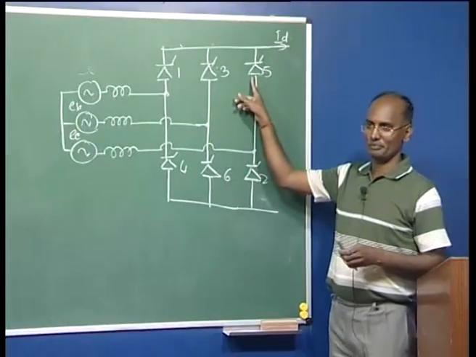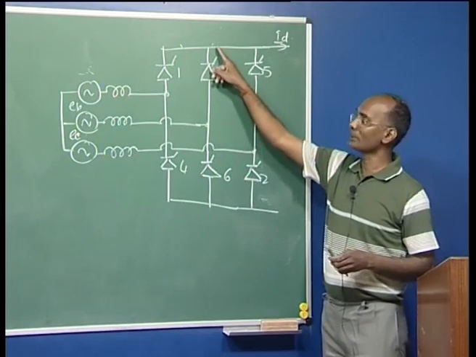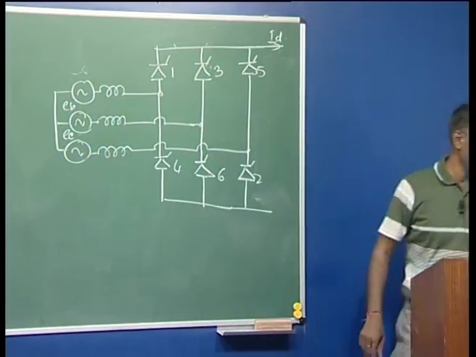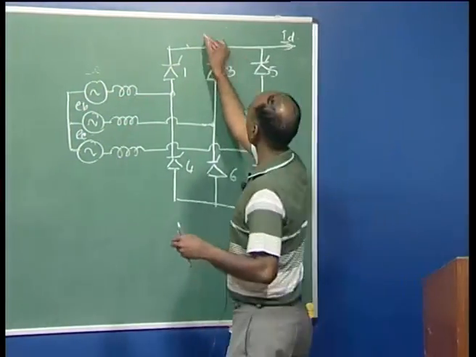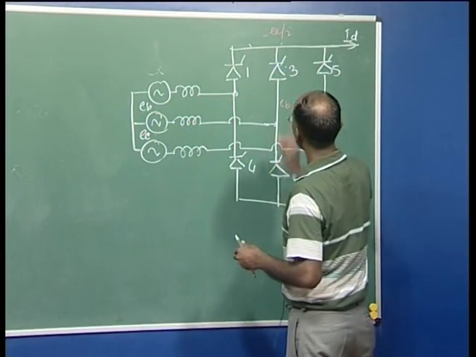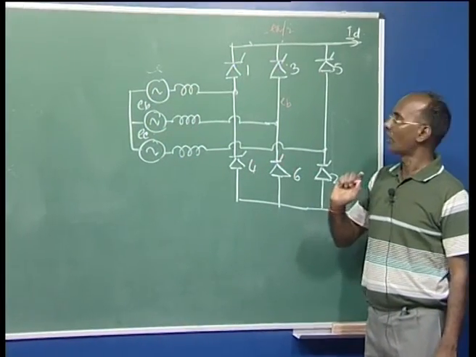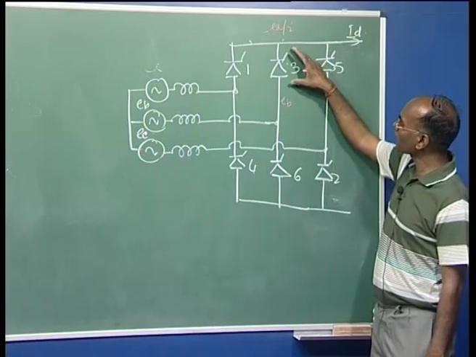Now here 5th is also conducting and 3 is also conducting. So what is the voltage here? Here it is minus EA by 2, here it was EB. Now what will be the voltage here?